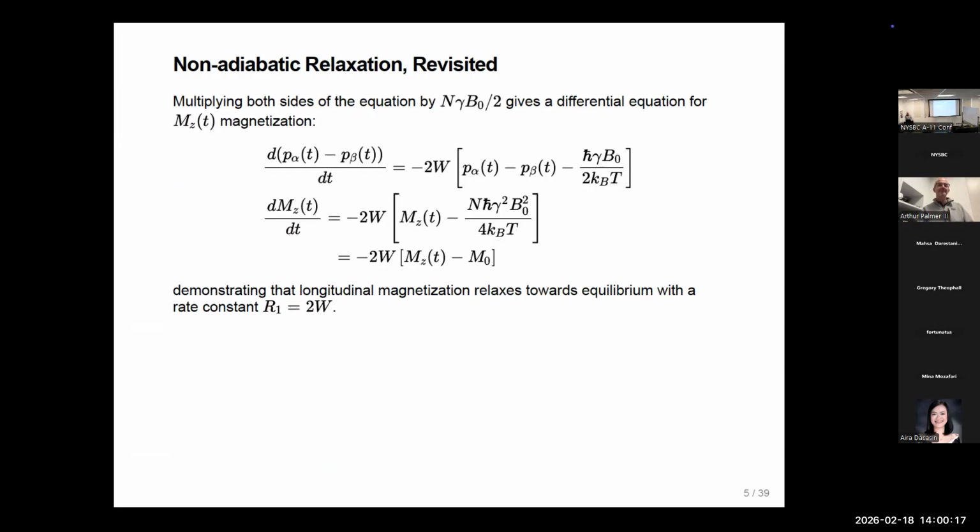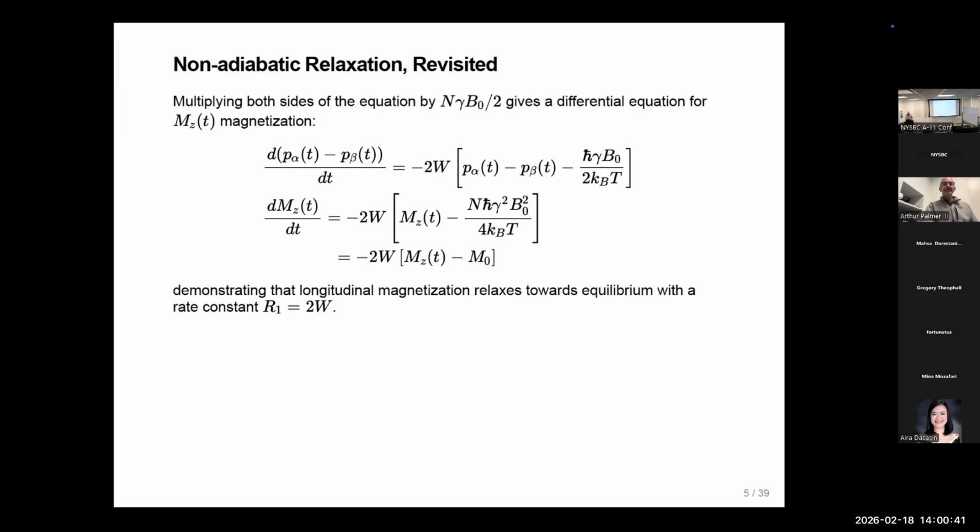The magnitude of Mz would depend on what we did to the spins. At Boltzmann equilibrium, of course, Mz of t is equal to M naught, so nothing happens. But then, for example, suppose I apply a 180-degree pulse, then Mz after the pulse is going to be minus M naught.